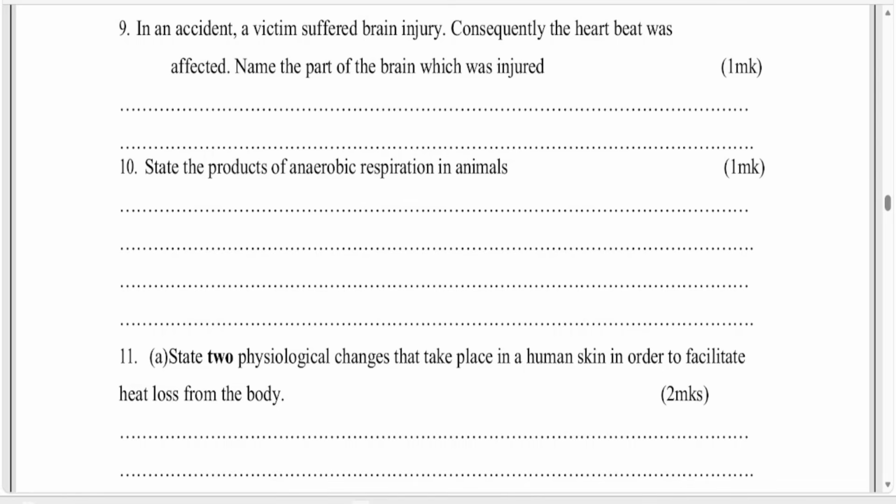You do not decide whether to breathe or not. You don't decide the blood pressure. You also do not decide the process of swallowing and even coughing and sneezing. So those activities, we call them involuntary activities, and they are controlled by the medulla oblongata. So the answer here was medulla oblongata.